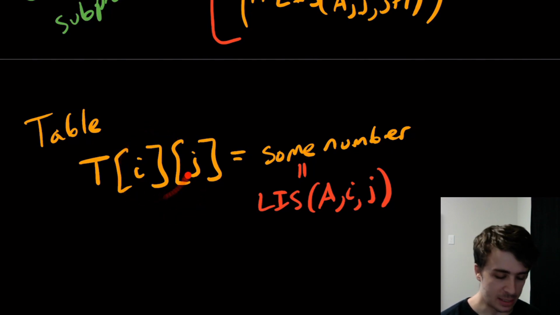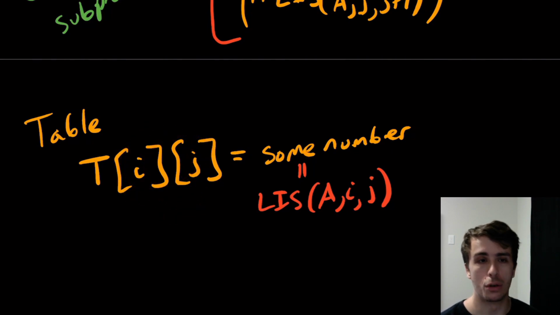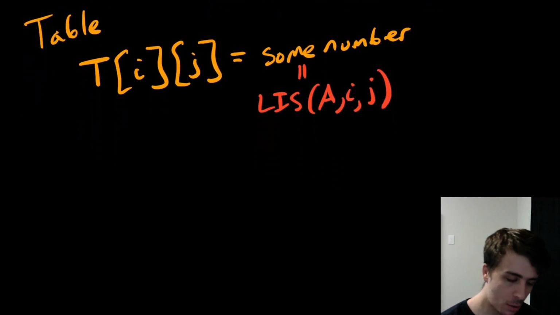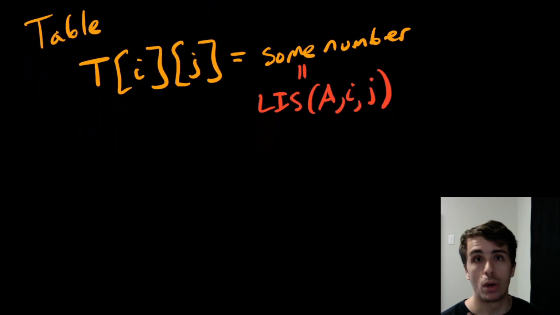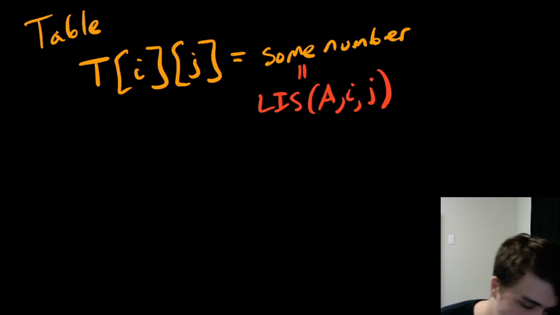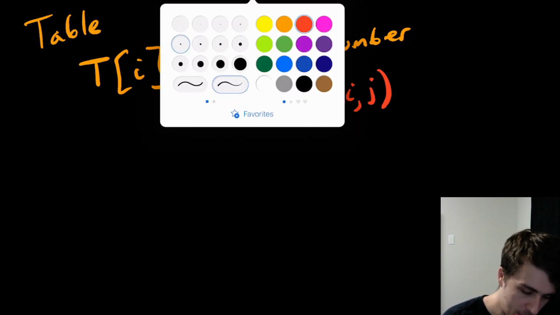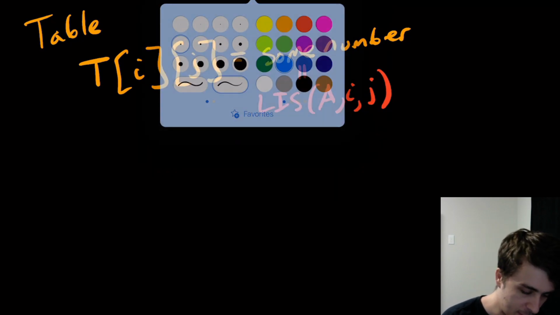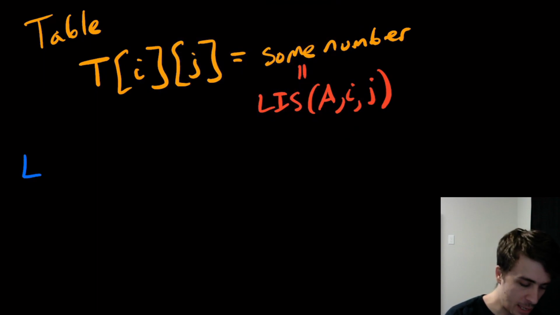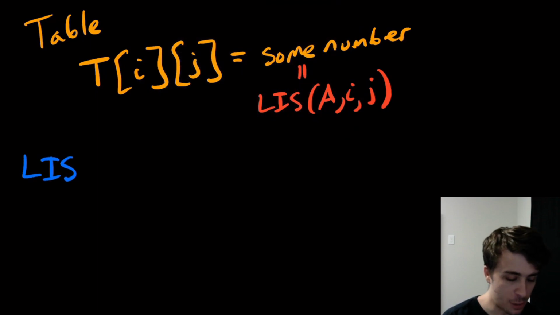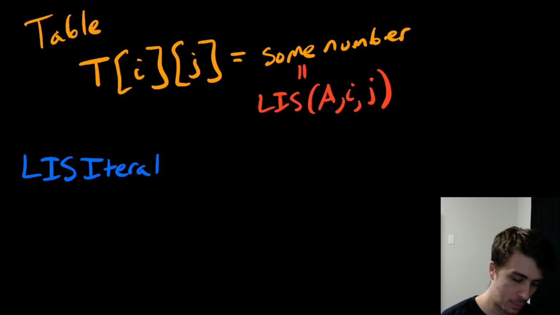So the table is going to store those values for us. Okay, so what are we going to actually do here? Let me do it this way. LIS is a function, but I'm going to have an iterative version.